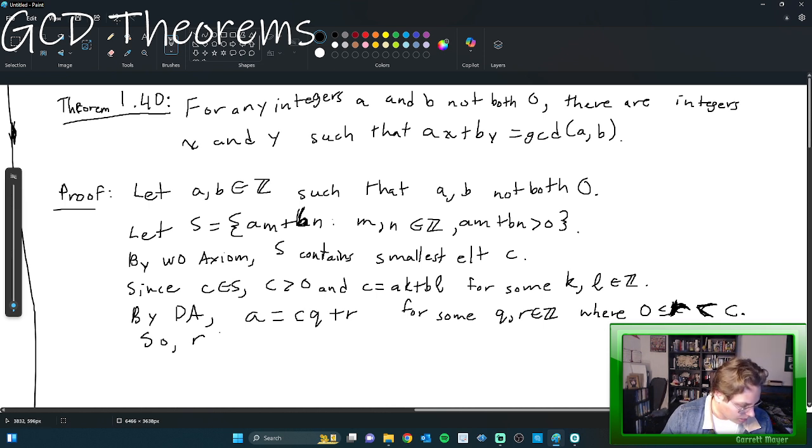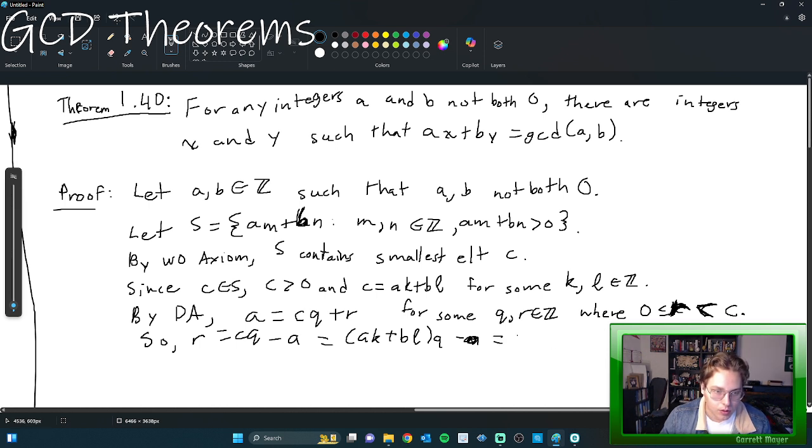So R equals A minus CQ, which equals A minus (AK plus BL)Q, which equals A(1 minus KQ) plus B(minus LQ).